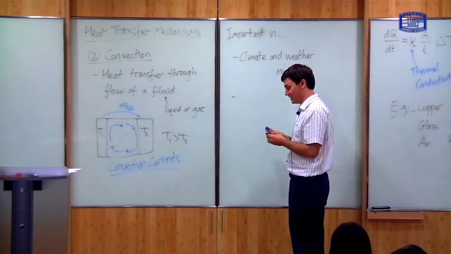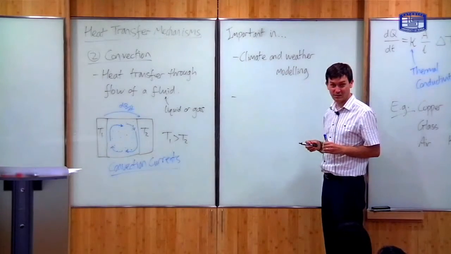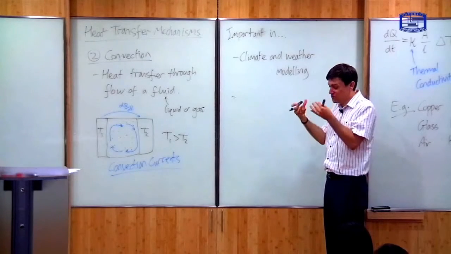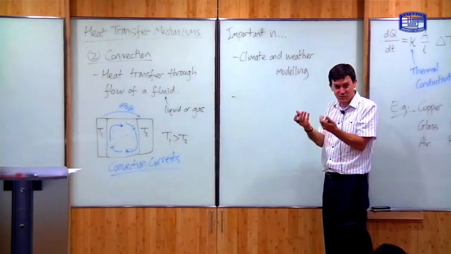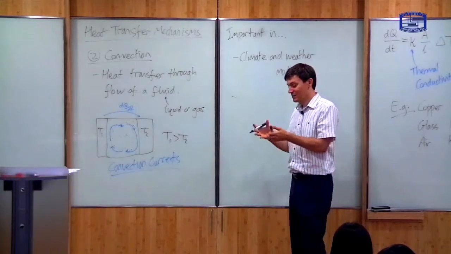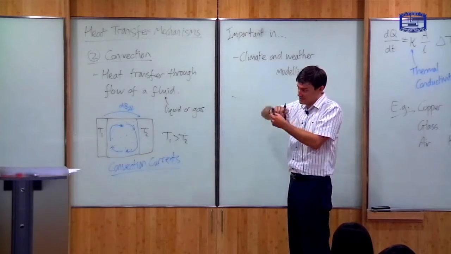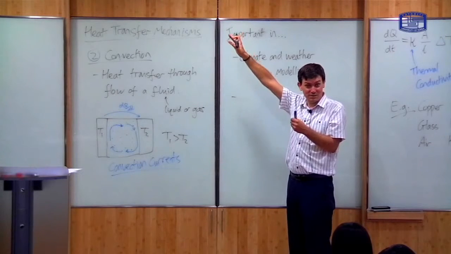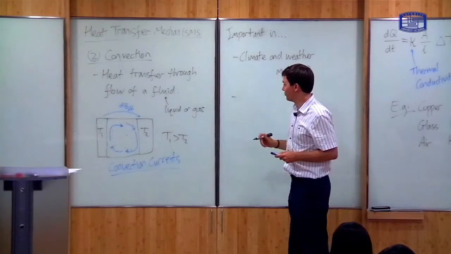It's also important in the physics of stars. In the center of the star is the nuclear fusion process which generates energy. But in order for the star to shine, the energy from the nuclear fusion has to escape to the surface. Okay? And this is done mostly through convection.